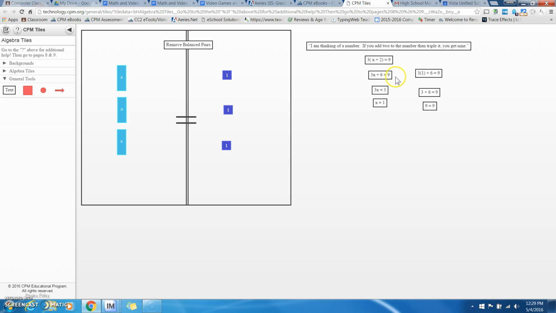So 3x plus 6 becomes 3 times 1 plus 6 equals 9. 3 times 1 is 3, and then you add the 3 and the 6, and you get 9. So you can see it checks out because it says 9 equals 9. So we know for sure that we are correct in our answer of x being 1. And that's one way for you to check your solution.